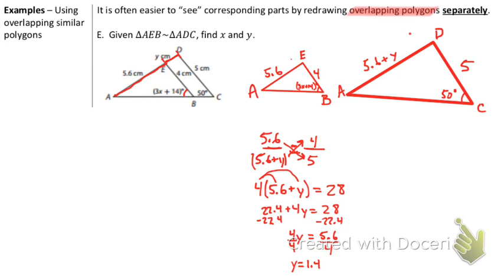Now we got to solve for x. If you notice, we're going to use the other property of similar figures, the angles. Remember, angles that match are congruent, and when angles are congruent, their measurements are equal. So angle B matches with angle C. Since they're similar, they will be congruent, which means I can put their measurements equal to each other.